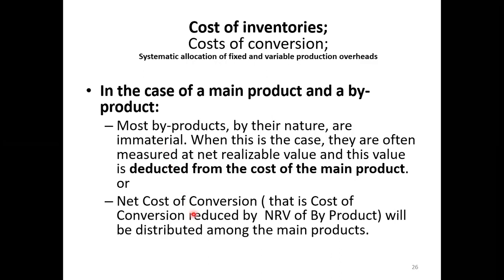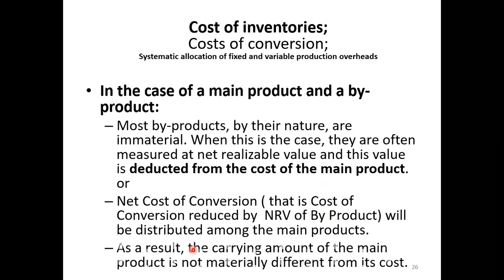The net cost of conversion is the cost of conversion reduced by the net realizable value of the byproduct, and this will be distributed among the main products. As a result, the carrying amount of the main product is not materially different from its cost.